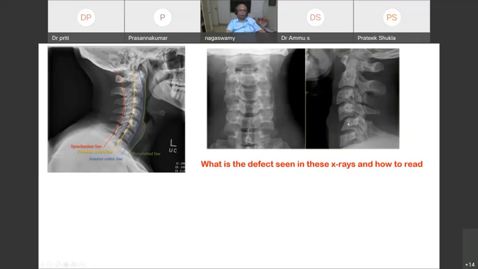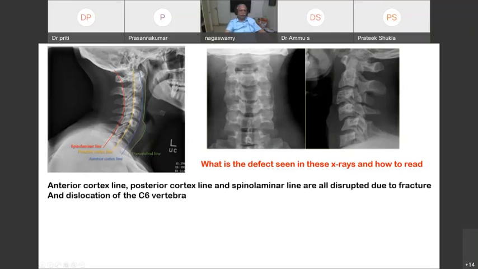Okay, so that has gone back. So the spinous process, everything has moved away. Okay, so there is a dislocation. So the anterior cortex line, posterior cortex line, and spino-laminar line are all disrupted due to fracture and dislocation of the C6 vertebra. Okay? So the C6 vertebra is fractured and dislocated.